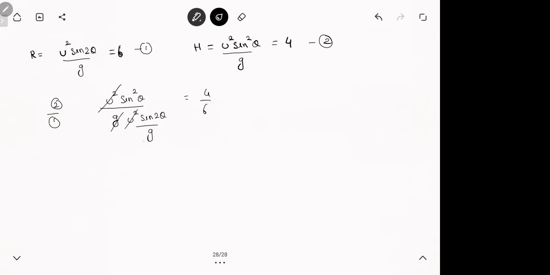U square, g, cancel, there's a 2 here. So we get sine square theta by 2 sine theta cos theta. What is sine 2 theta? 2 sine theta cos theta. One sine also will cancel. We get tan theta is 8 by 3.